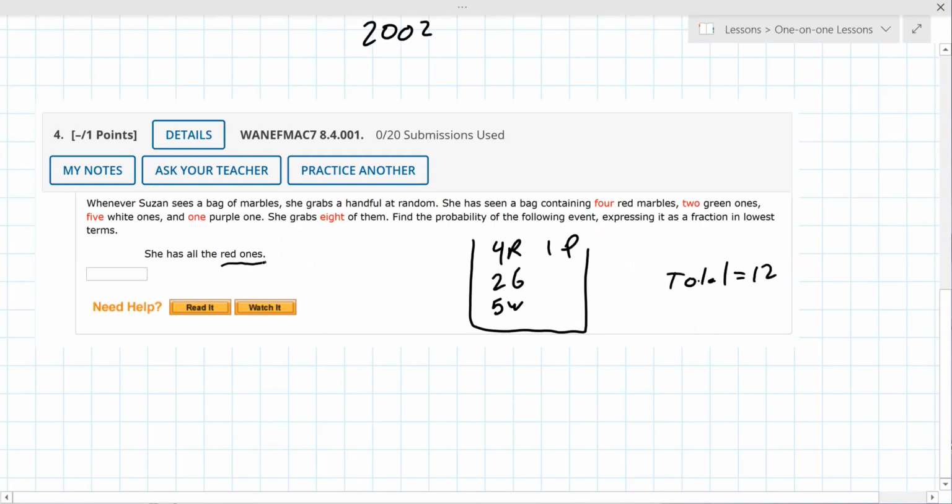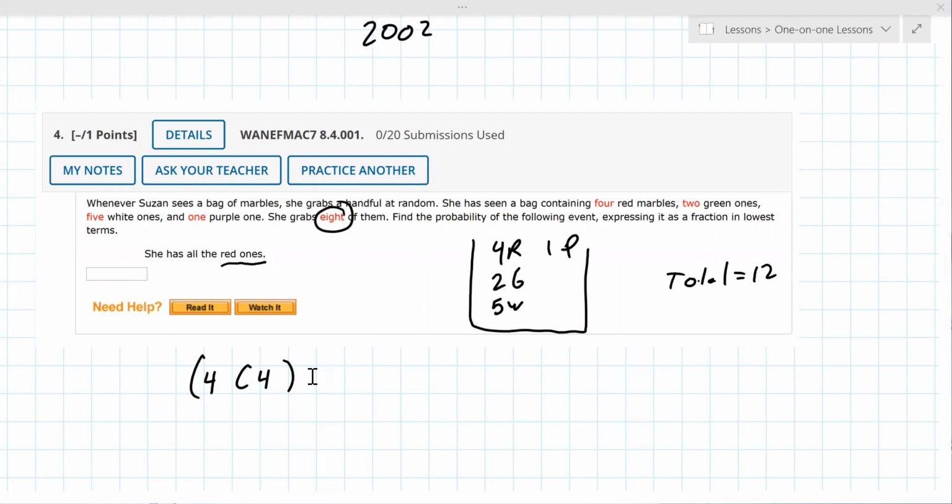Now she grabs all the red ones, but she's grabbing 8 of them. So to get all the red ones, she's got to choose all of the red ones. That means from the 4 red ones, she's choosing 4 of them. But we have 4 left over that she has to choose from. We don't care whether she chooses the green or the whites.